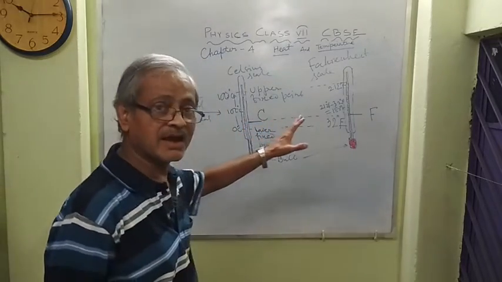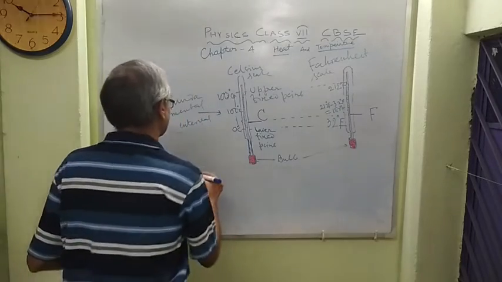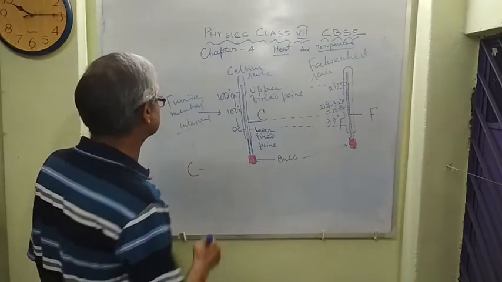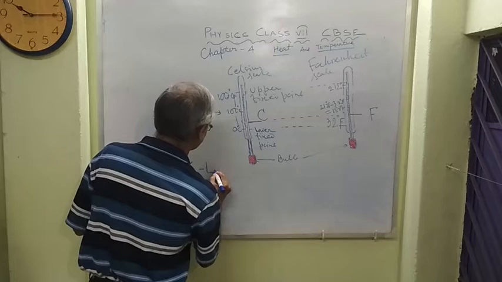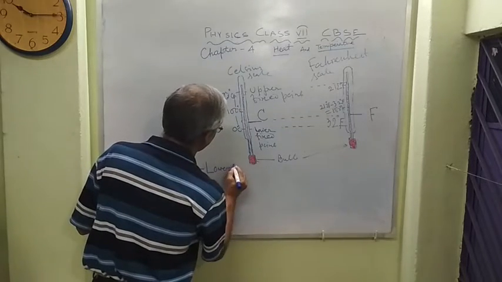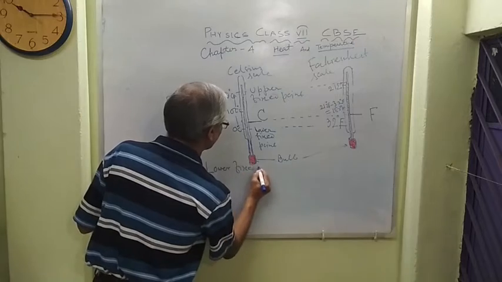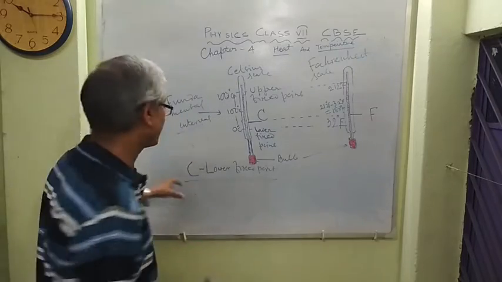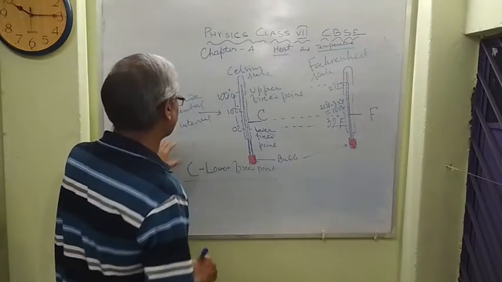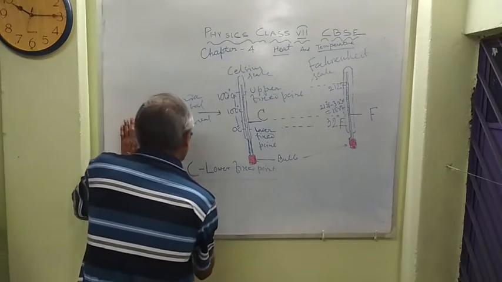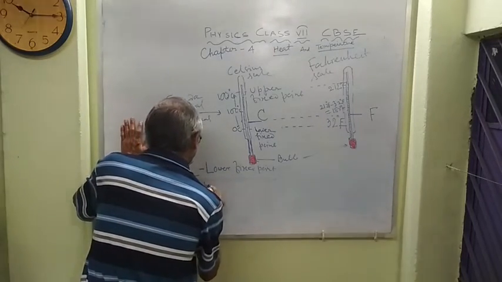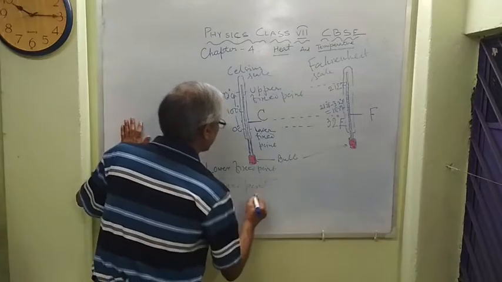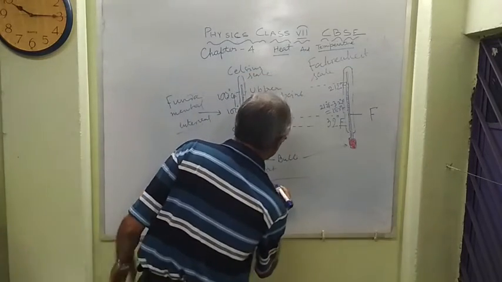We write the relation using this formula: C, the reading of temperature in the Celsius scale, minus the lower fixed point, divided by the fundamental interval, that is the upper fixed point minus the lower fixed point.